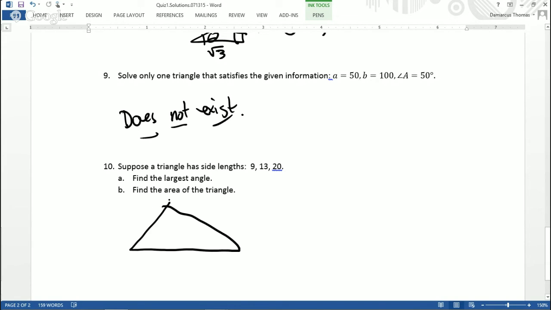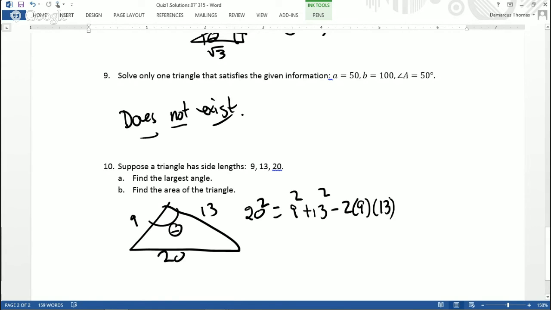If I have a triangle with sides 9, 13, and 20, the angle opposite the 20 will be the largest angle. So I have to use the law of cosines there. So 20 squared is equal to 9 squared plus 13 squared minus 2 times 9 times 13 times the cosine of theta. I need to simplify that out.